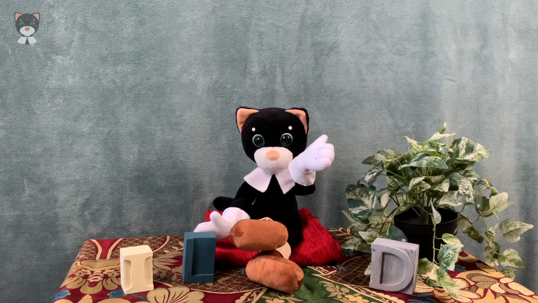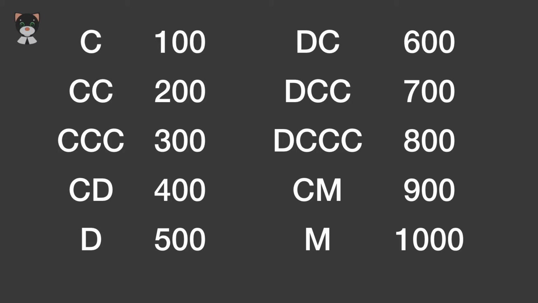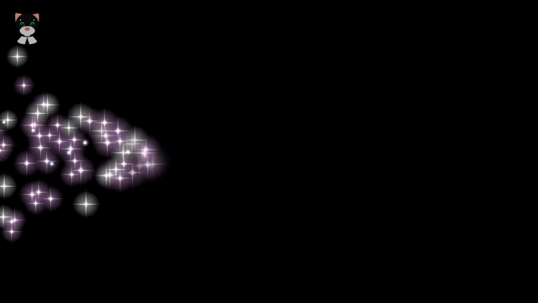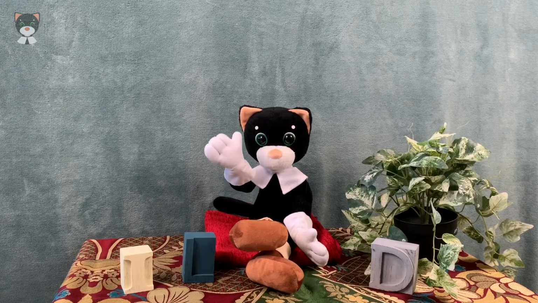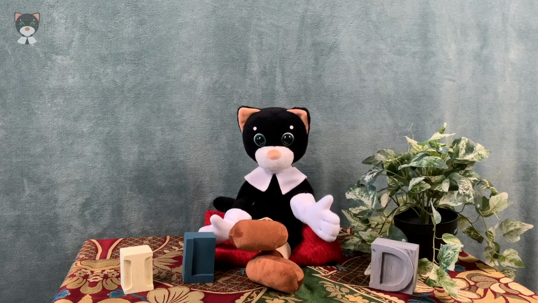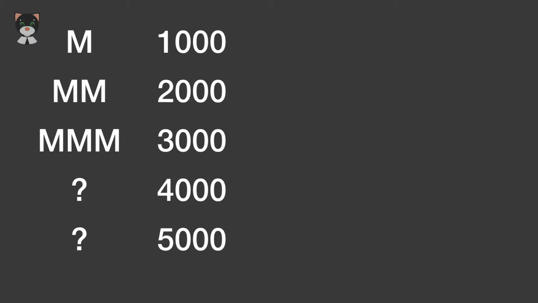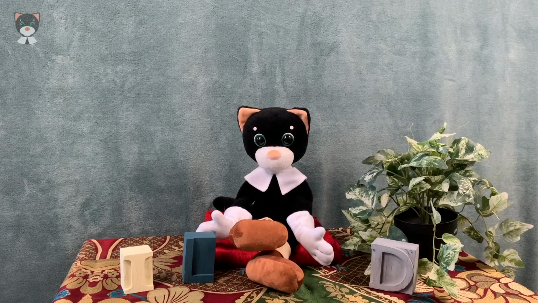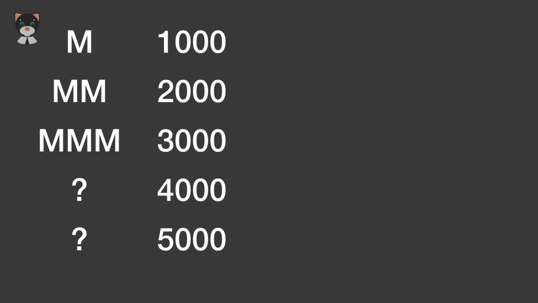And for 900, we put CM, which means 1000 minus 100 is 900. M equals 1000. And then 2000, 3000. Wait a moment. Rule of the 3 says MMM is 3000.